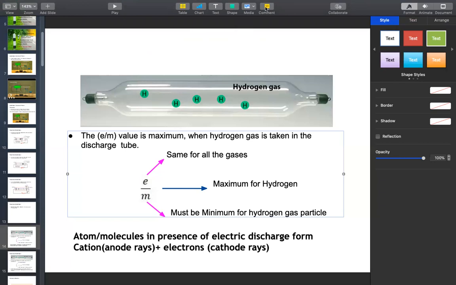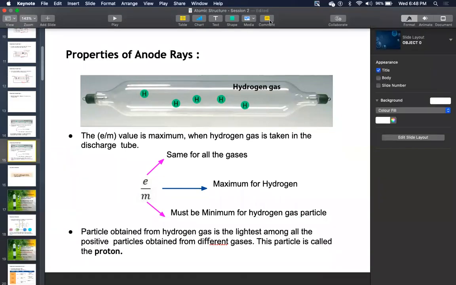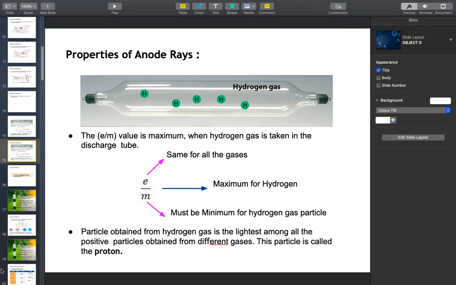Yes, positive ions, not protons. Only for hydrogen, it's protons. Yes, we will write that. Are you done with this? Now write the next line. Particles obtained from hydrogen gas are the lightest among all the positive particles obtained from different gases. These particles are called protons, and the name was given by Rutherford.